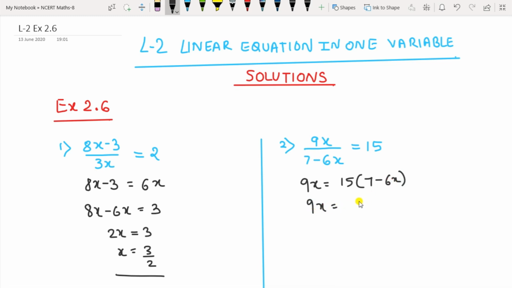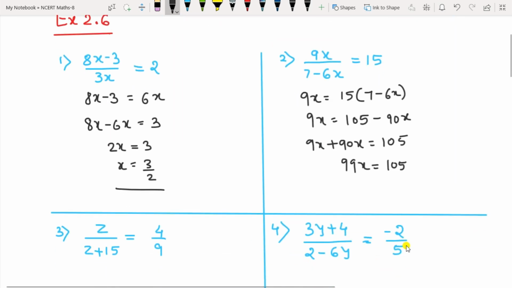So 9x equal to 15 sevens becomes 105, 15 sixes becomes 90x. Now 9x plus 90x, that remaining is 105. So 99x equal to 105.